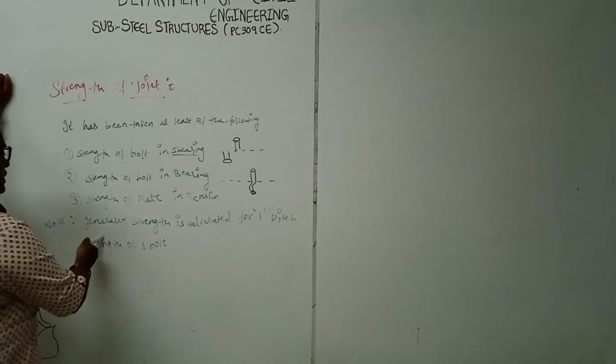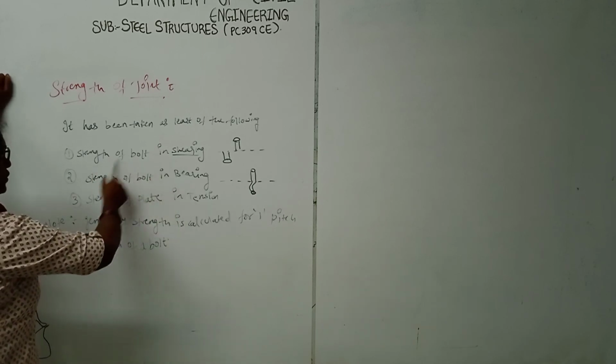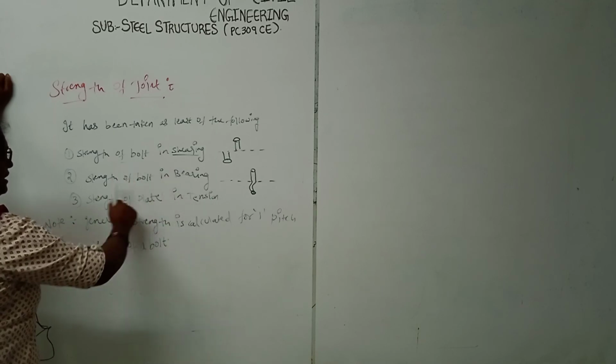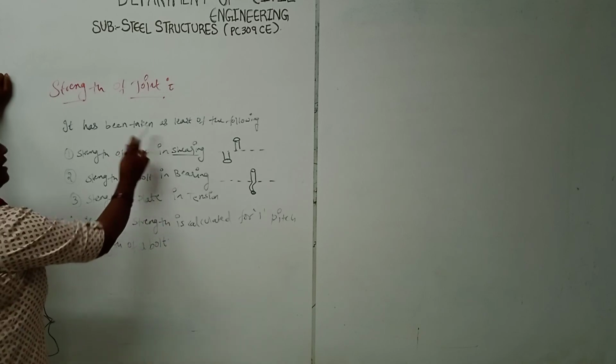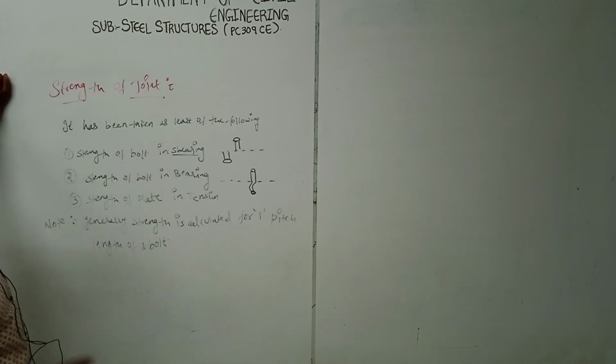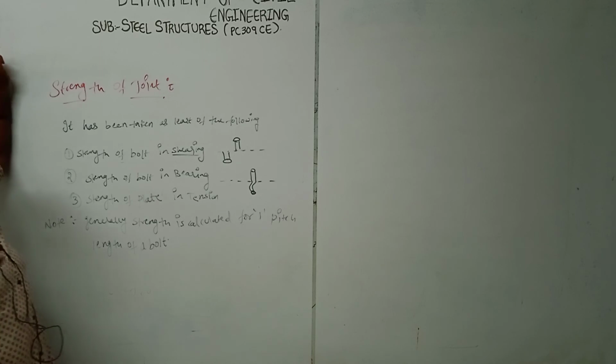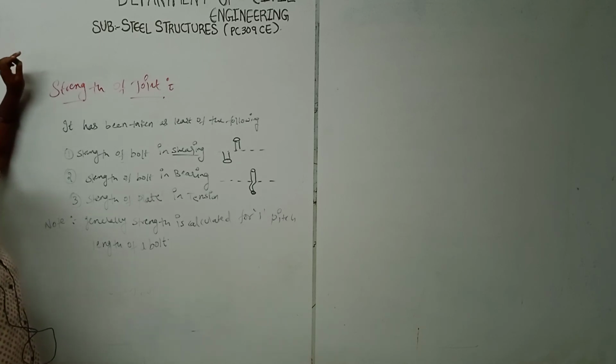For all the design we are making here, we will be calculating all these values, and we will be considering only the least value for designing purpose. When we calculate the minimum carrying capacity, we design to the minimum.